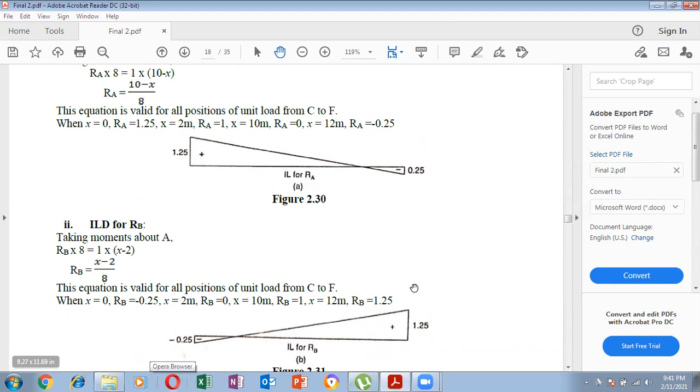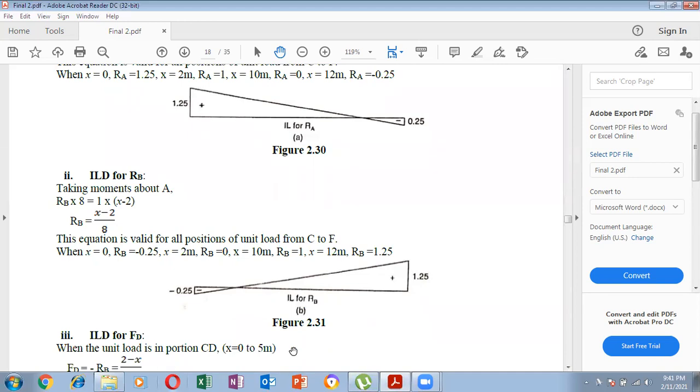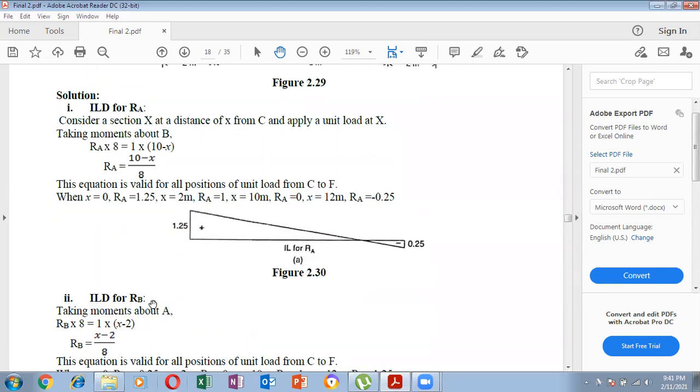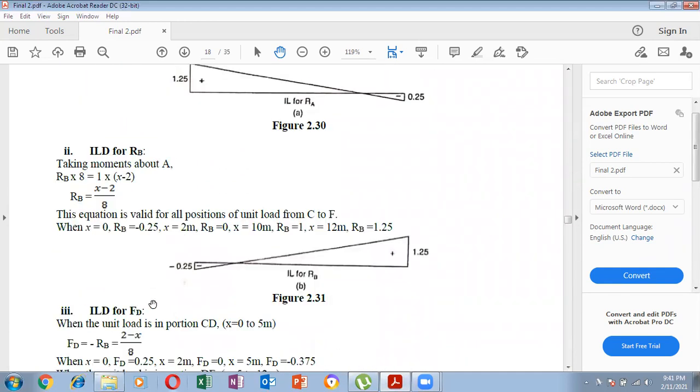Plotting these values, we will get the shape of the influence line diagram as shown in figure 2.31. So we have completed the influence line diagram for RA and RB.